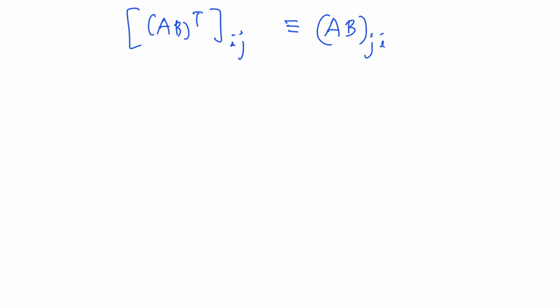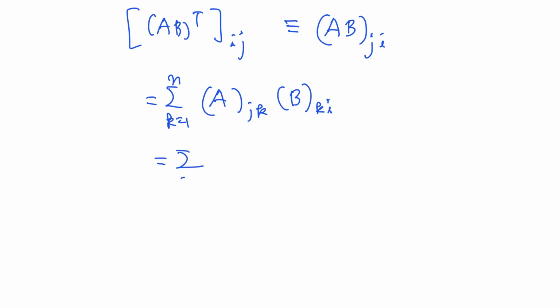So it becomes the sum over k equal to 1 to n, A jk, B ki. But then it becomes A transpose kj, B transpose ik, right?